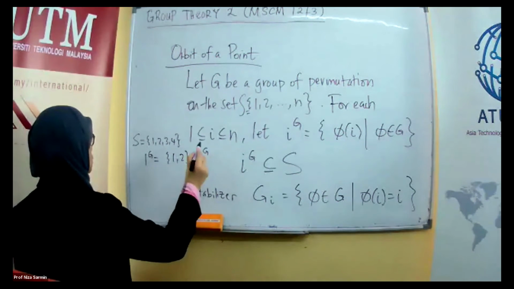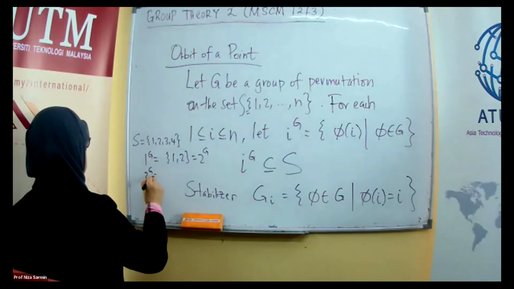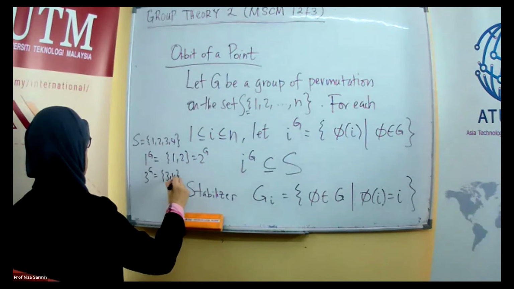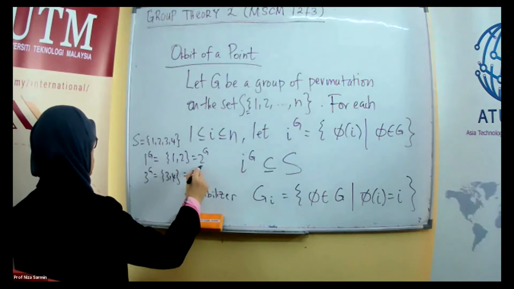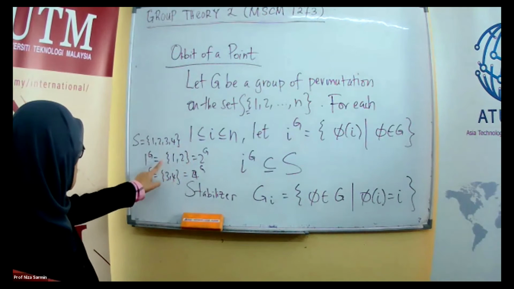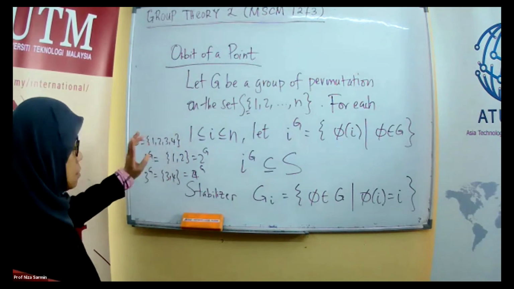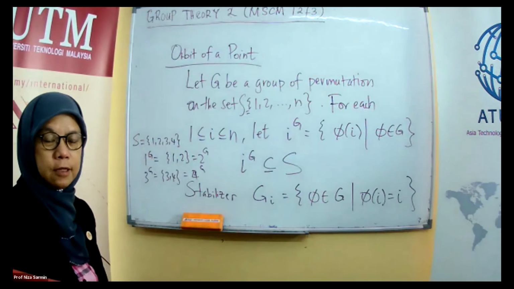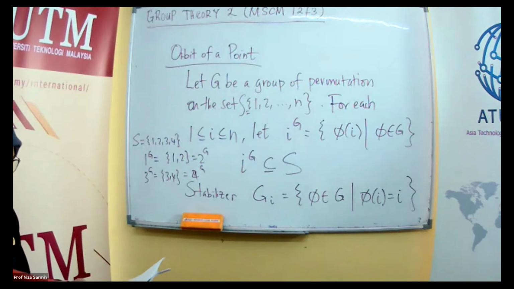This is 2G. For example, 3, 4, something like this. So the answer is the partition of this set, right? And it's an equivalence division.